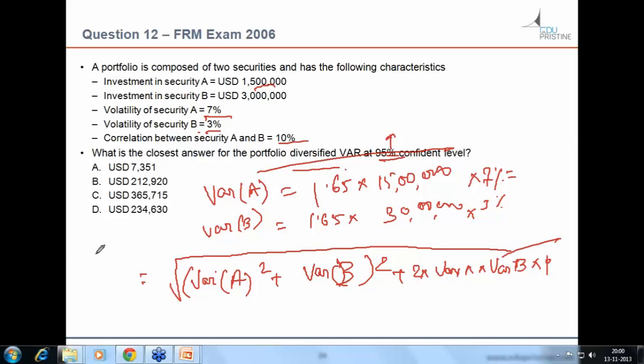That's how you can solve this instead of putting each and every individual weightage square into the standard deviation square. Don't get into this pain. Let's take a shortcut. Calculate the variance and try to reduce the input values in the square root so that you don't make a mistake of missing a term in the input values.